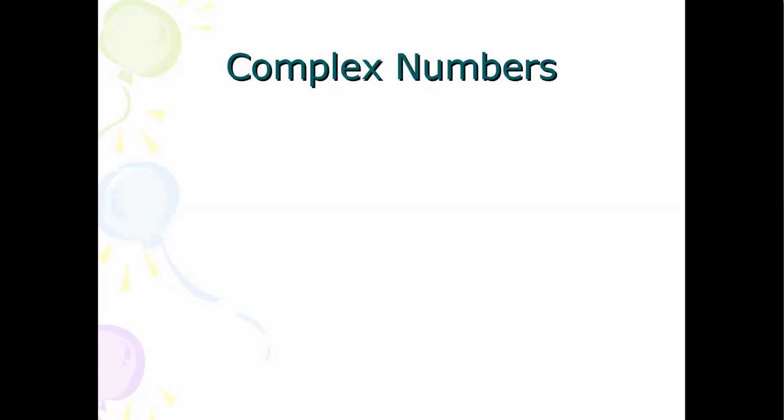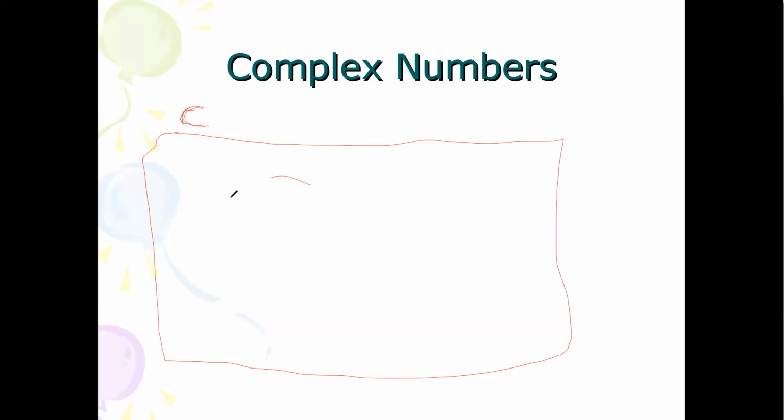So let's say we have a Venn diagram here. Your universal set now is the set of complex numbers, which is like a capital C. The textbooks will show this with a thicker, shadowed look, but it's a C. You'll see it in your notes and so on. So real numbers are here, right?